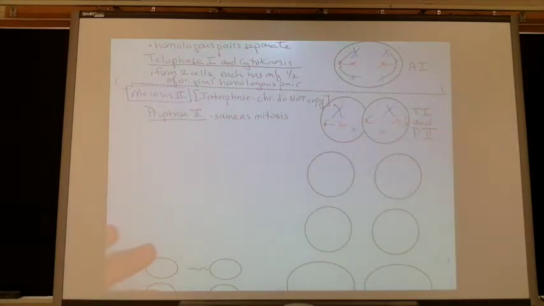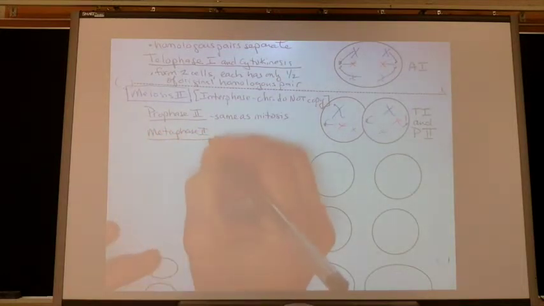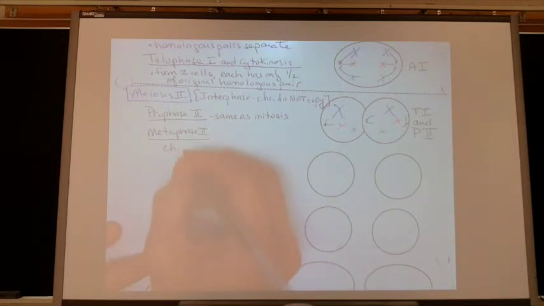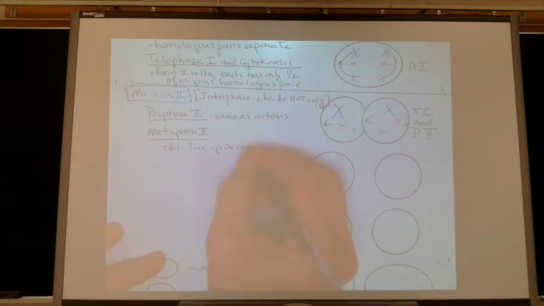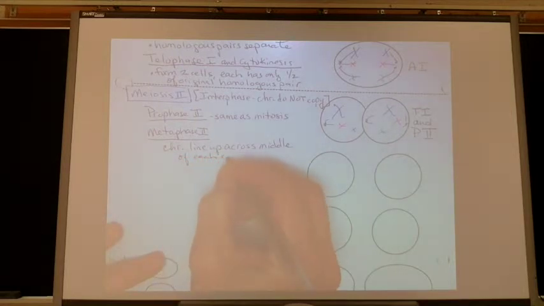Okay. In metaphase 2, the chromosomes line up across the middle of the cell. We have to do it for two cells, of course, because we now have two cells. So in the middle of each cell.